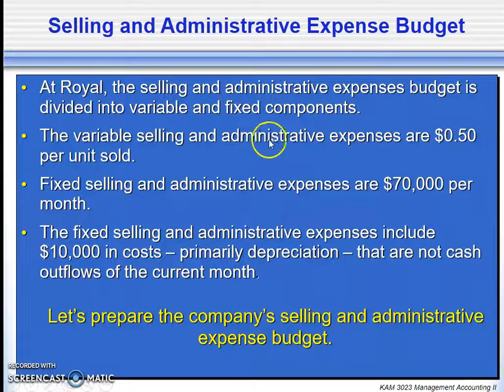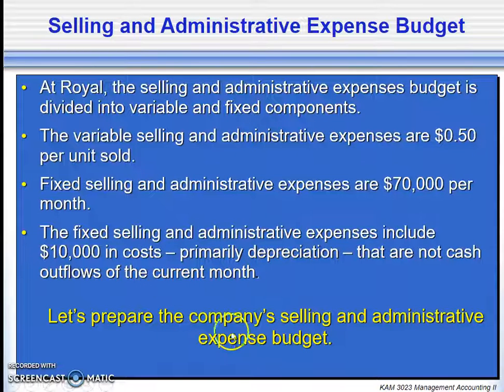The variable selling and administrative expenses are 50 cents per unit sold. Fixed selling and administrative expenses are 70,000 per month. The fixed expenses include 10,000 in costs, primarily depreciation, that are not cash outflows of the current month.